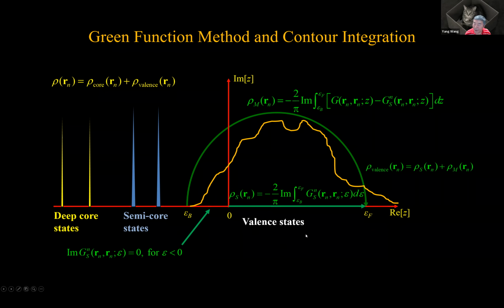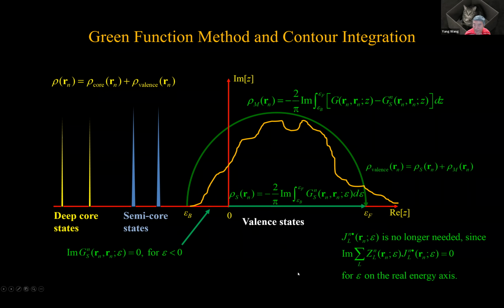So it's implemented in our code. I thought this is a good time to start. Basically the whole idea is that we can avoid the irregular solution. So that's our approach to the full potential Green function method. It's different from what other groups did.